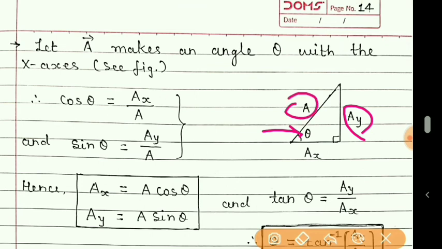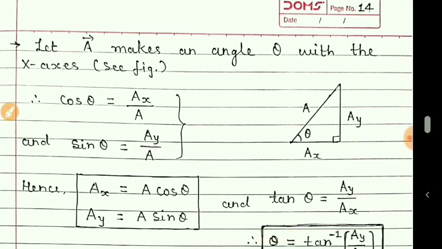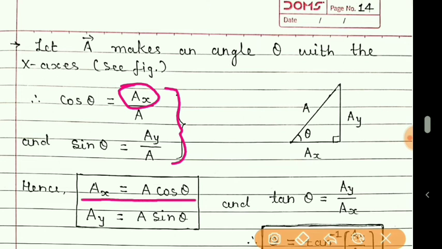And so we can write sin theta is equal to Ay upon A. Now from this equation, if we make the subject Ax, which is the x component of vector A, then we get Ax is equal to A cos theta. This A is multiplied here. Similarly, if we make Ay the subject in this equation, here this Ay is the y component of vector A, so we will get Ay is equal to A sin theta.